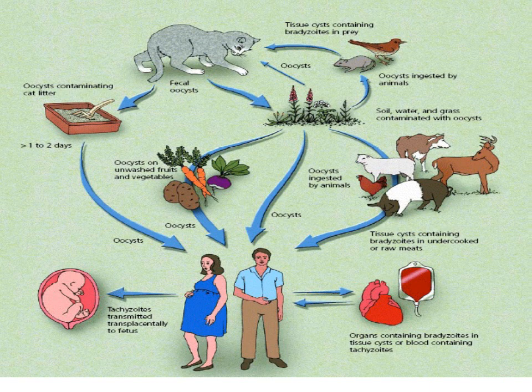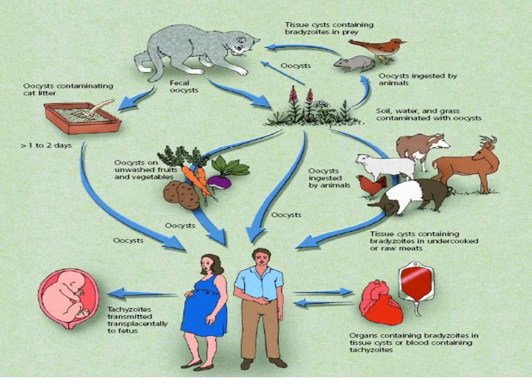Also, a human can be infected by eating food such as vegetables contaminated with cat feces containing oocysts. Also, a human can be infected by an indirect route when eating the meat of an intermediate host that is infected with Toxoplasma and contains cysts in its tissue.